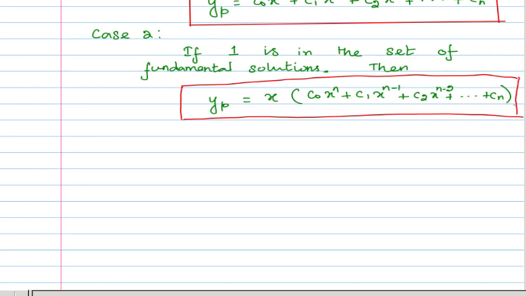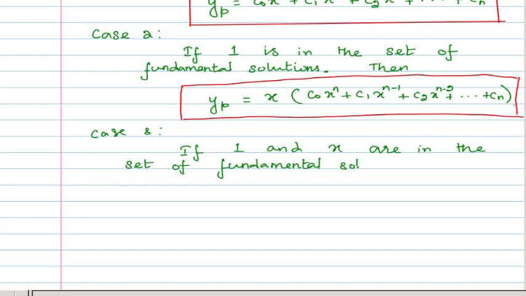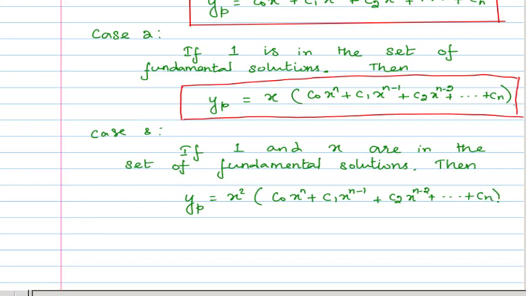Case 3: if 1 and x are both in the set of fundamental solutions, then your yp is x square times the same thing, c0 times x power n, c1 times x power n minus 1, c2 times x power n minus 2 and so on, up to cn.